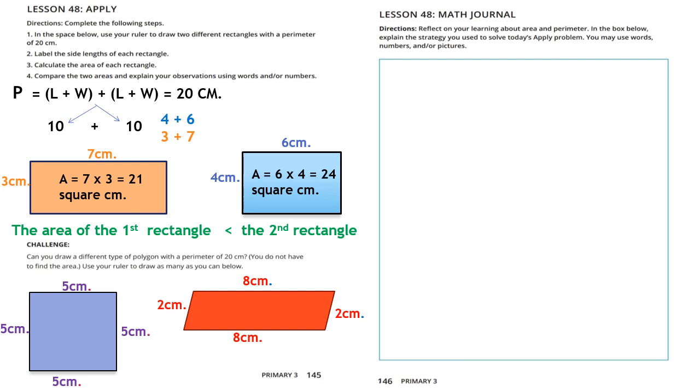We said that length plus width plus length plus width equals 20, so each length plus width equals 10. We said 4 plus 6 and 3 plus 7. Here in the parallelogram, we also can say 2 plus 8. So 2 plus 8 plus 2 plus 8. It's a parallelogram that has 20 centimeters as perimeter.